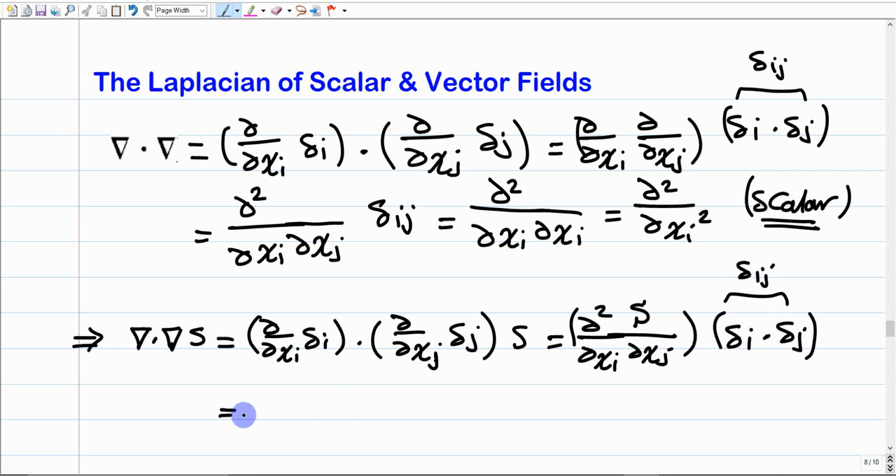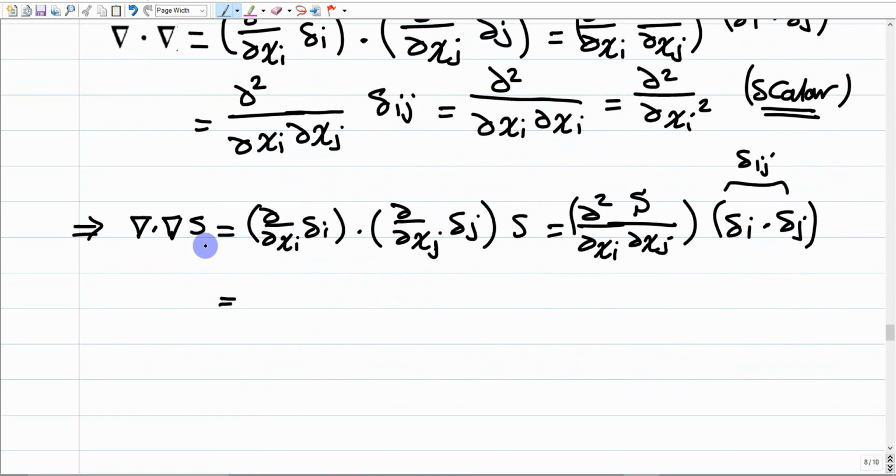So if we do it, we're going to end up with the second derivative of s with respect to xi, partial xj, and we're going to have delta ij here. Delta ij means that to get rid of it, we have to use the same index. Let us use i for both of them.